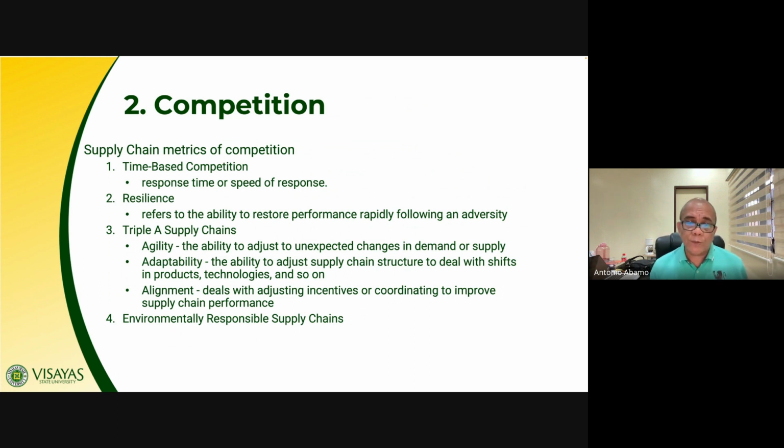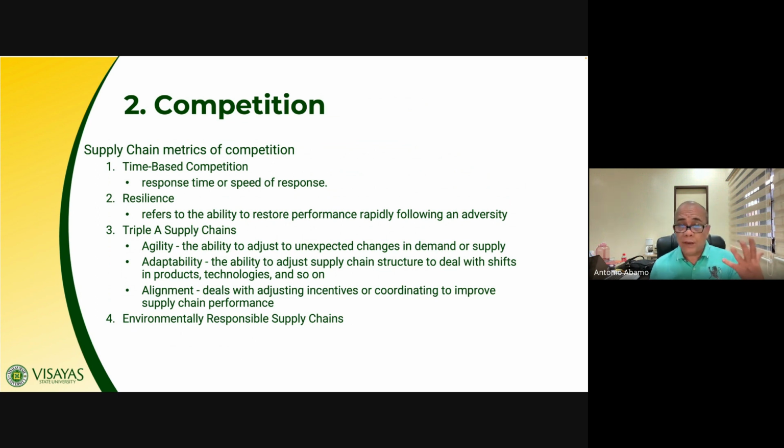Or you can be very agile, meaning a supply chain that can easily adjust to various customer orders. Or you can be very efficient, meaning you deliver goods at the cheapest possible cost. Or you can capitalize on your technical and technological advantage to be an environmentally responsible supply chain.